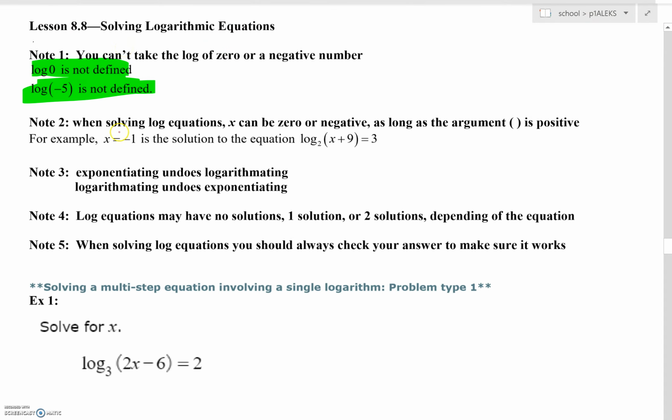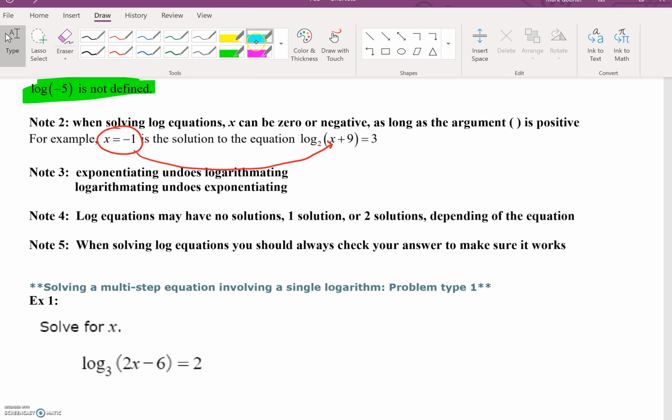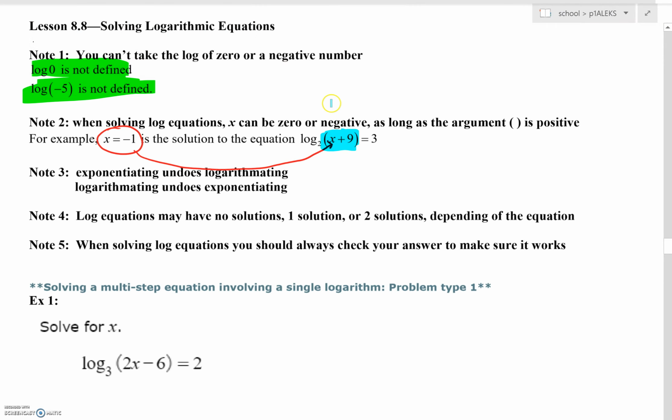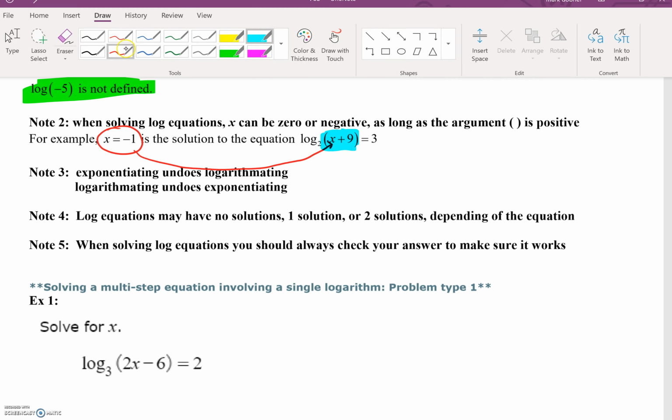We're going to see that sometimes just because you have an answer that is a negative value, it might actually still be okay. Why? Look, if x was equal to negative 1, it really is the answer. What we're going to do is look inside of the log as a little bit of a check.